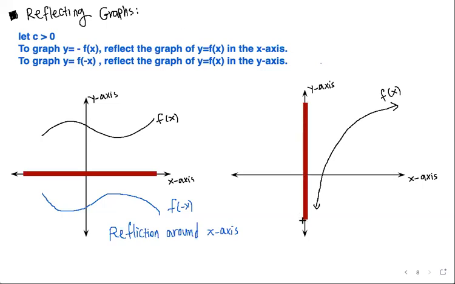Everything reflects around the y-axis. This means the graph will look like this, going like this. This is f of minus x, with the minus inside. Makes sense?